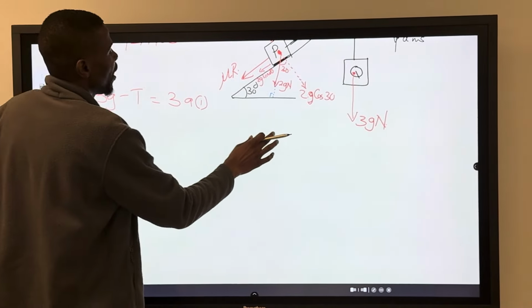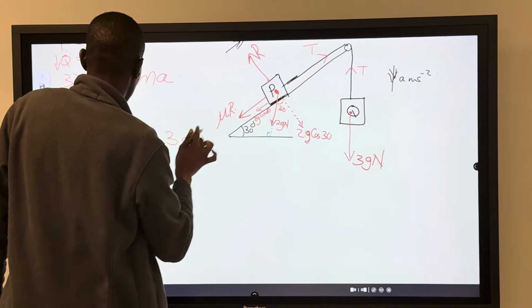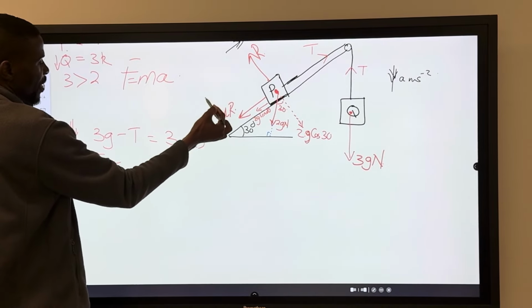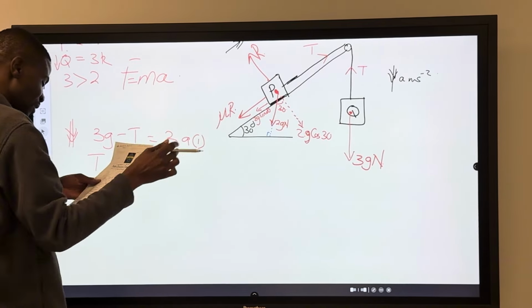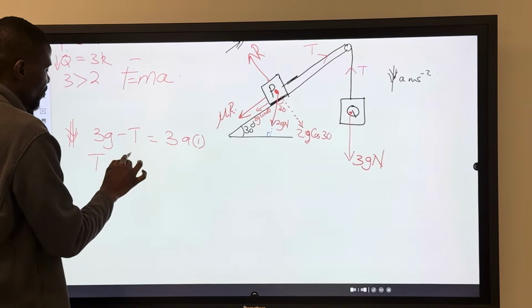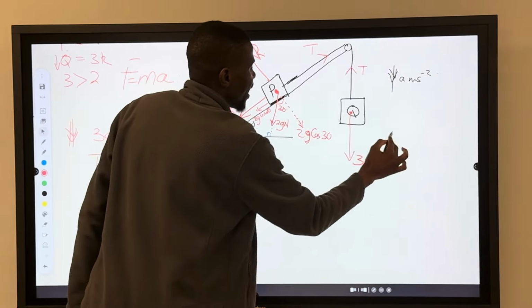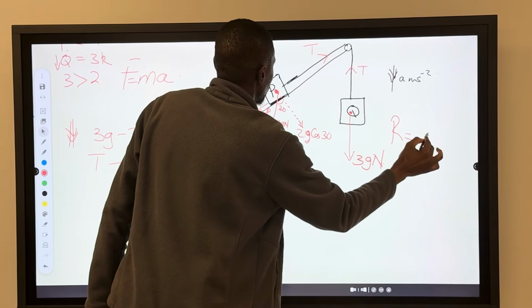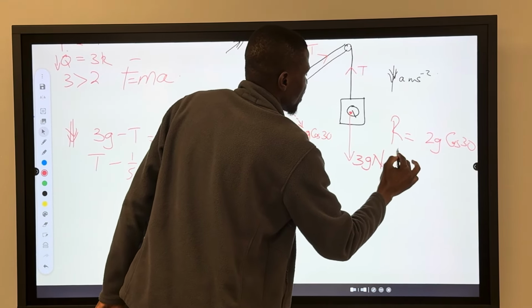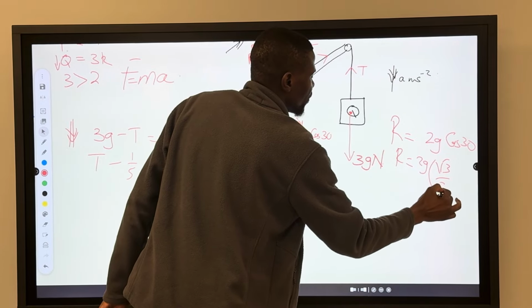Then we have the second one here. Since we are moving up, it's going to be tension subtracting this one, which is the friction. The coefficient of friction mu is 1 over 5, so it's going to be 1 over 5 of R. So from here, guys, R is equal to 2g cos 30, which is 2g times root 3 over 2.